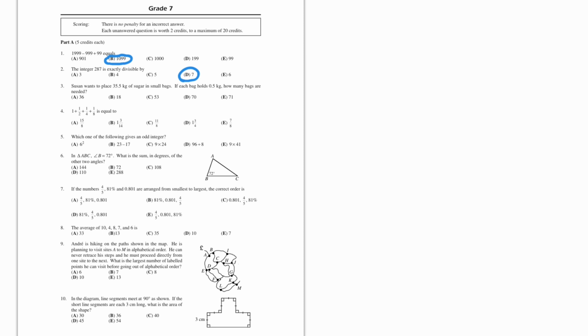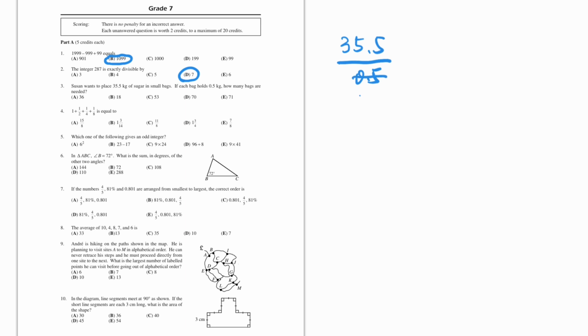Number 3, Susan wants to place 35.5 kg of sugar in small bags. If each bag holds 0.5 kg, how many bags are needed? We just use the 35.5, that's the total, divided by 0.5.